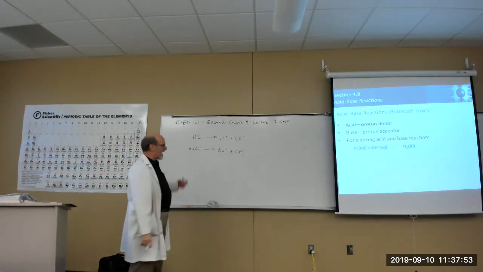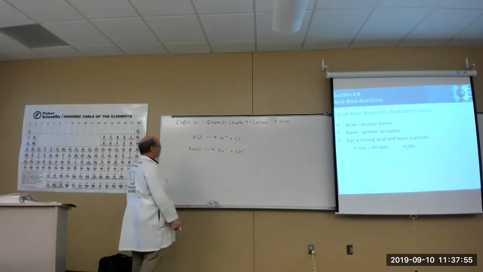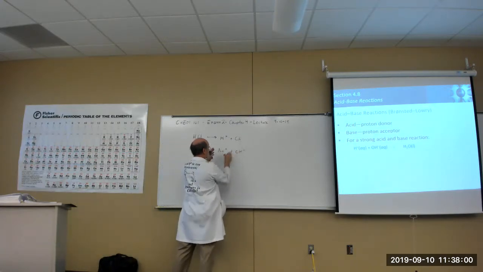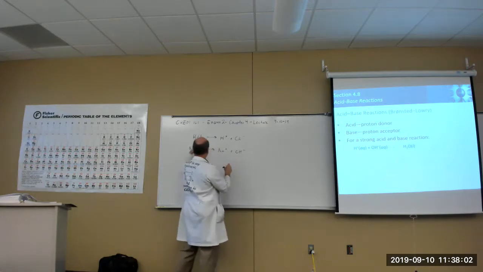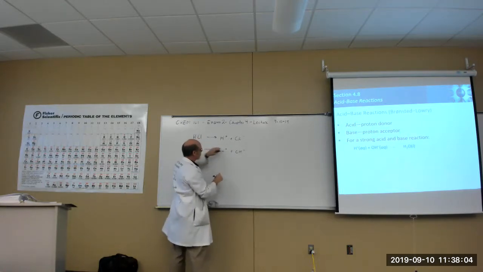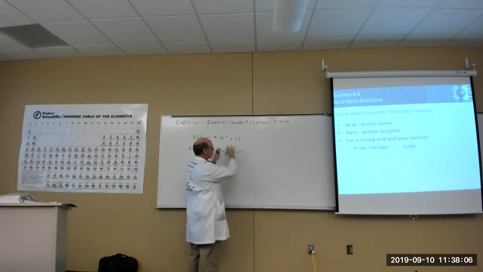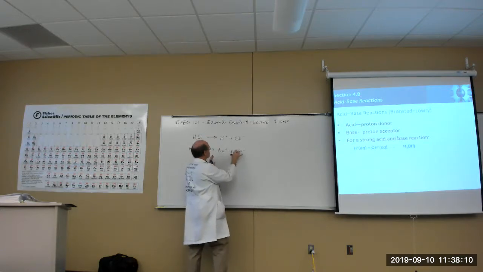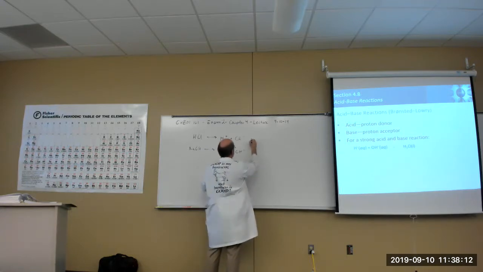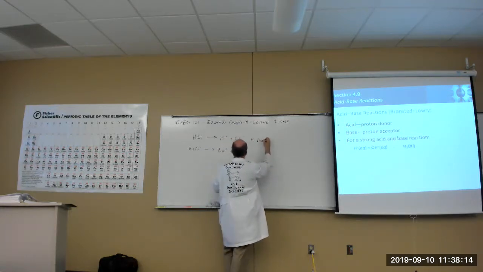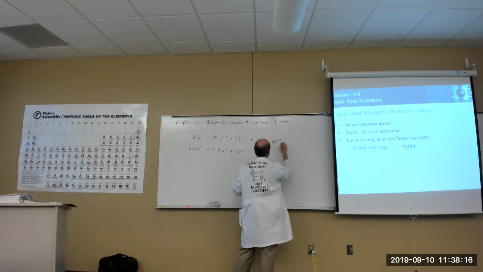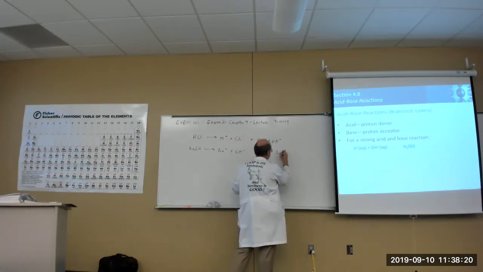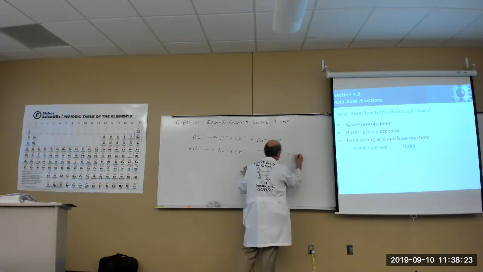So how do they react? Well, when they react, these two react, but they're actually in this form, so these ions are free to interact. And if we put these together, so we have that one plus this one, yields this one plus this one.